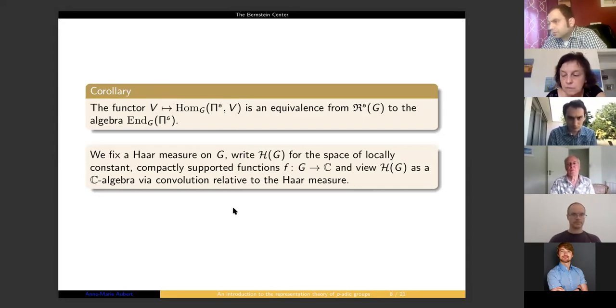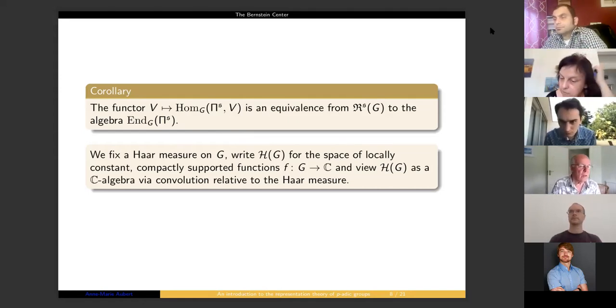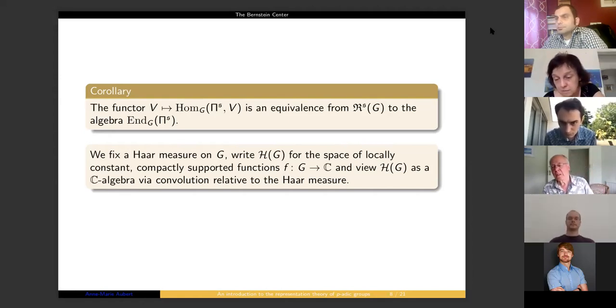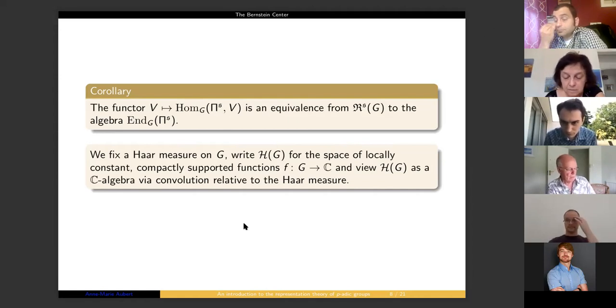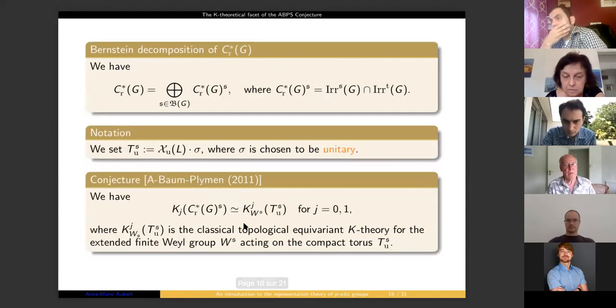Okay, these are the two lingering questions from the lecture. Any other questions or comments to Anne-Marie? Yes, I'd just like to illustrate our conjecture with an example. Suppose the conjecture right at the end.